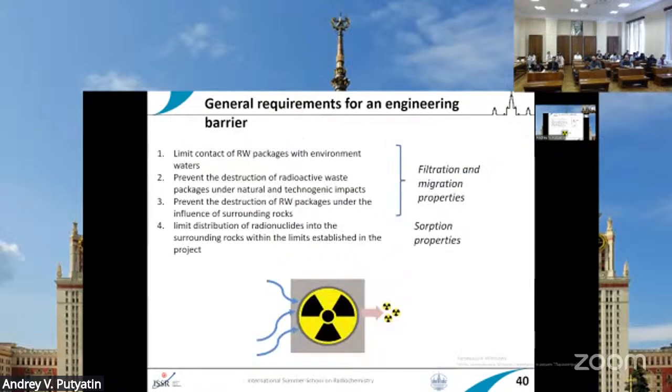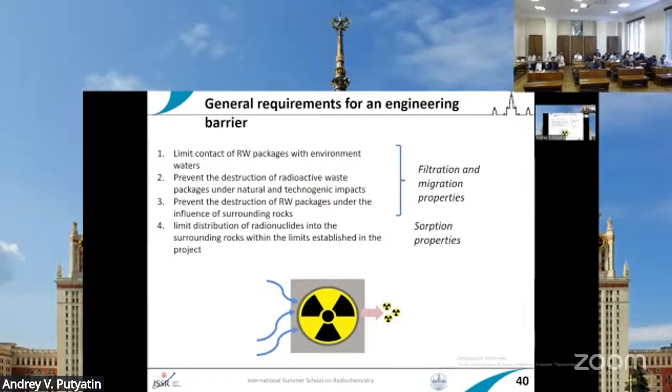Another engineered barrier is a buffer material that is placed between the canisters and the geological media in the repository. There are several properties that are important for this buffer material. Again, next Tuesday there will be a detailed lecture on all the properties of the clay-based barriers.